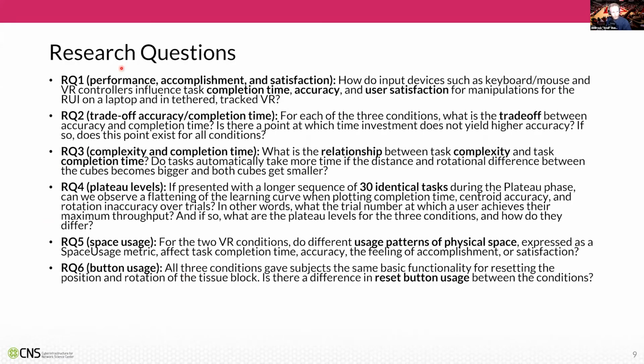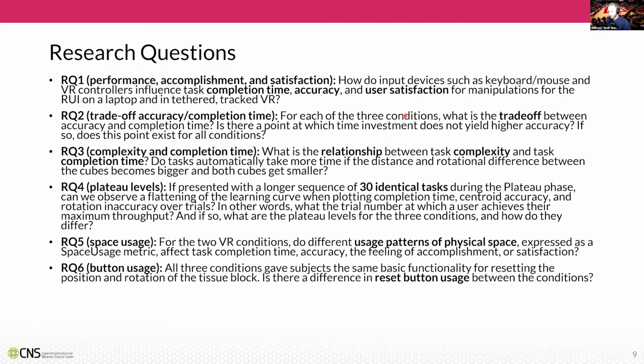Research question number one is about performance, accomplishment, and satisfaction. How do the input devices, such as the keyboard, mouse, and the VR controllers, influence the task completion time, the accuracy, and the user satisfaction for these manipulations, for the RUI on a laptop and on tethered and tracked VR? Research question number two is about the trade-off between accuracy and completion time.